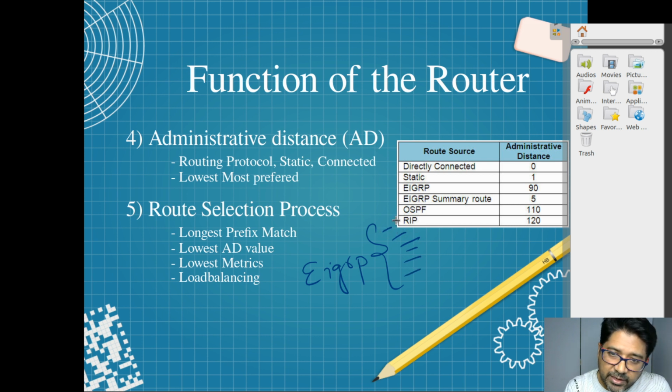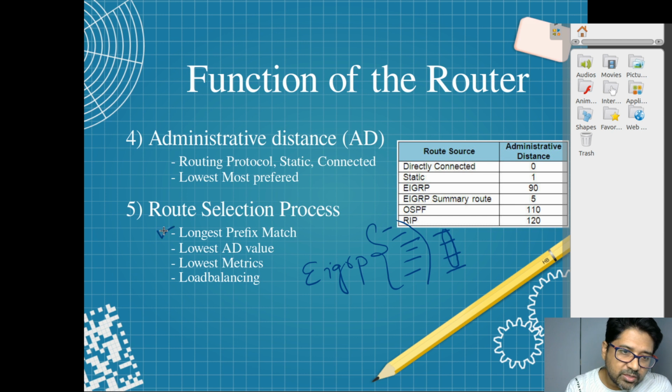So if within EIGRP we have multiple routes and those routes are tied because they belong to the same routing protocol, it will be decided on the basis of metric calculations. The lower the metric, the higher the preference. So those routes that have a lower metric have a higher preference to be installed in the routing table within the EIGRP protocol.